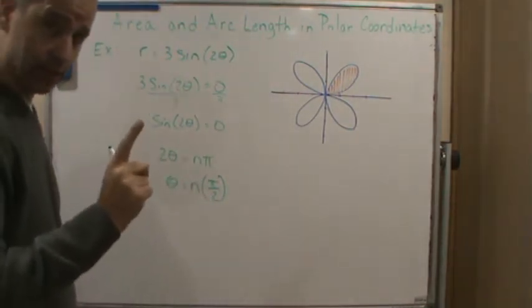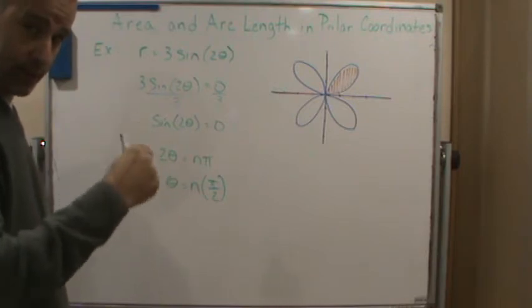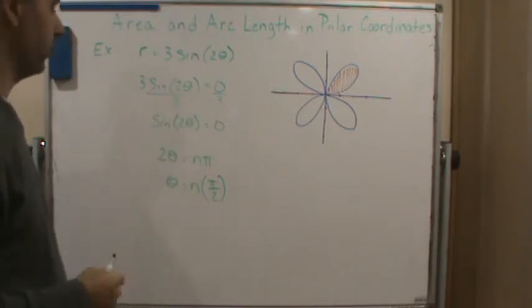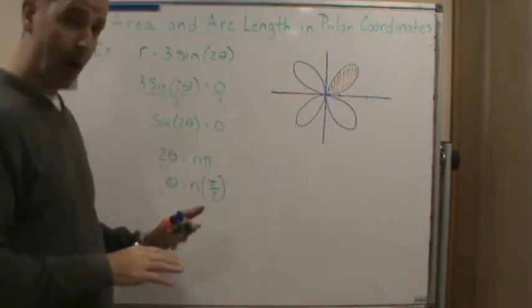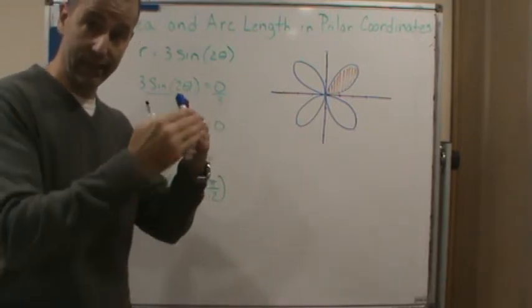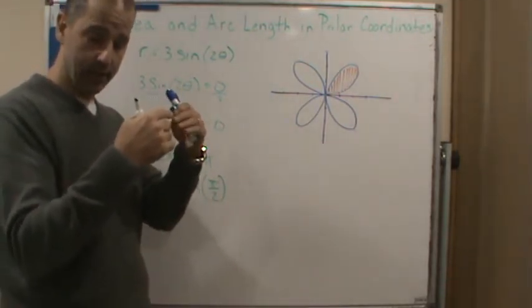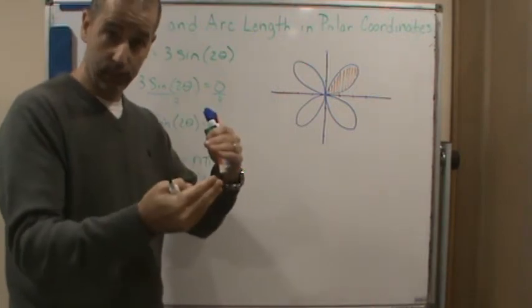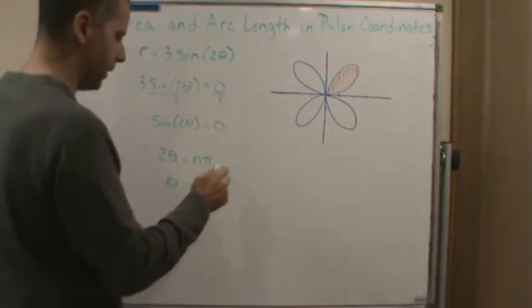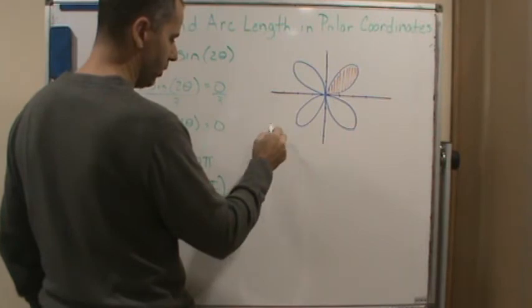So that gives us the tracing of the first petal. Now that we understand that, why did we do that? Because we need to figure out the limits of integration.